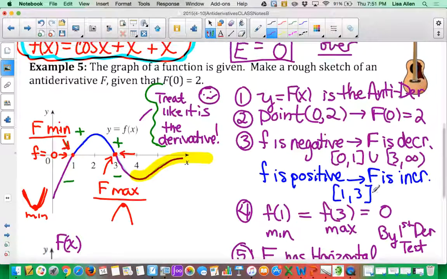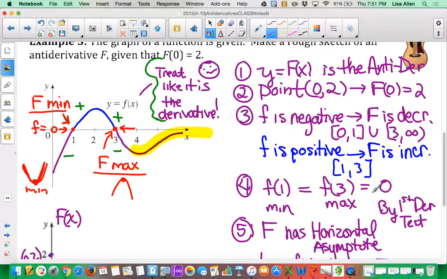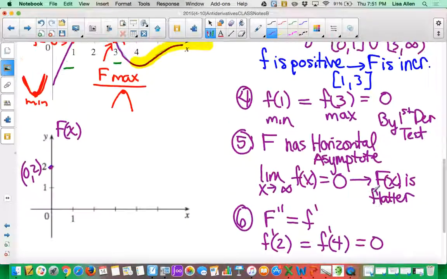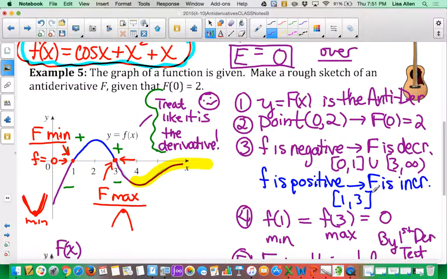So let's address what f double prime is then. Recall that if we have our function f of x here, we have a maximum and a minimum. At these 2 points, we can see that f prime of 2 is equal to 0, and down here we can see that f prime of 4 is also equal to 0.